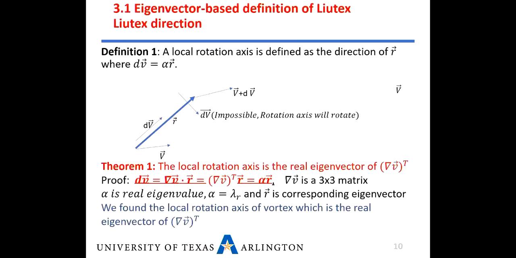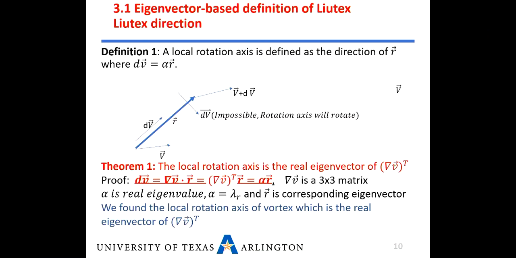Yeah, that's the eigenvector. We have the original V, then we have V plus dV. That's the dV. If this is the eigenvector, the dV can only be stretching, meaning the same direction.